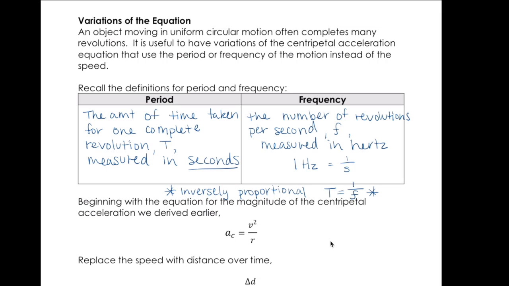Just as a note, the relationship between period and frequency is that they are inversely proportional. So period equals 1 over frequency, or vice versa, frequency equals 1 over period.